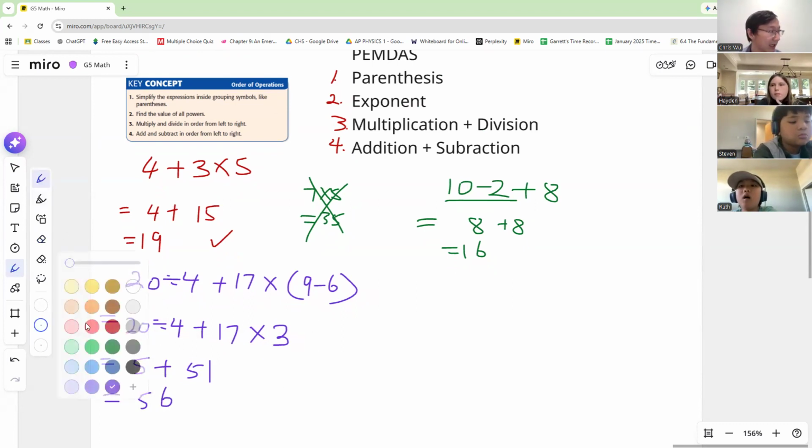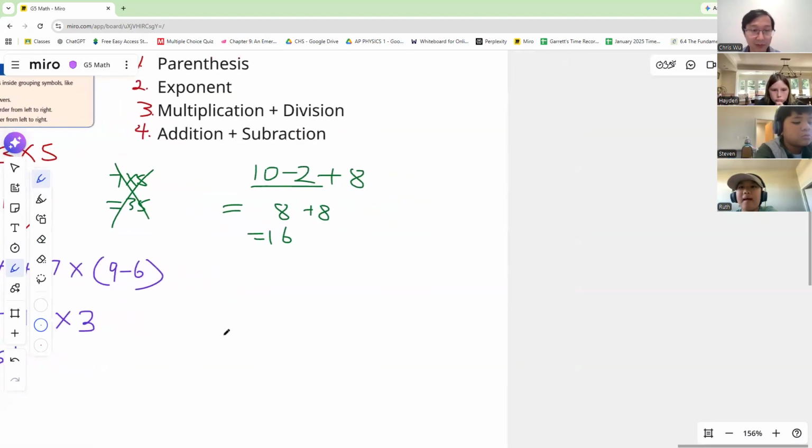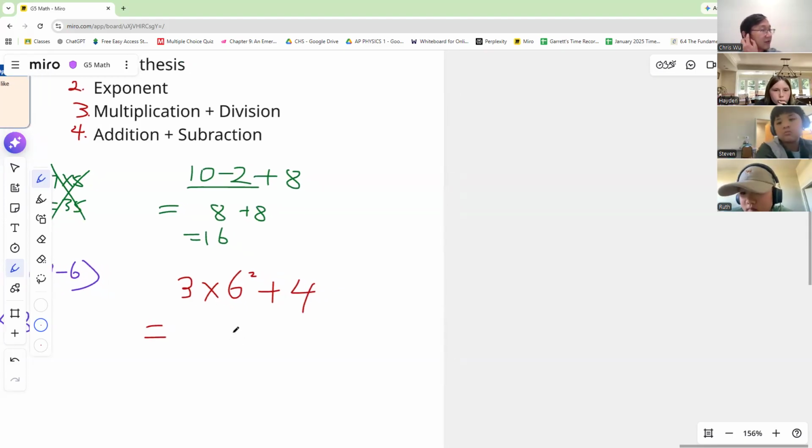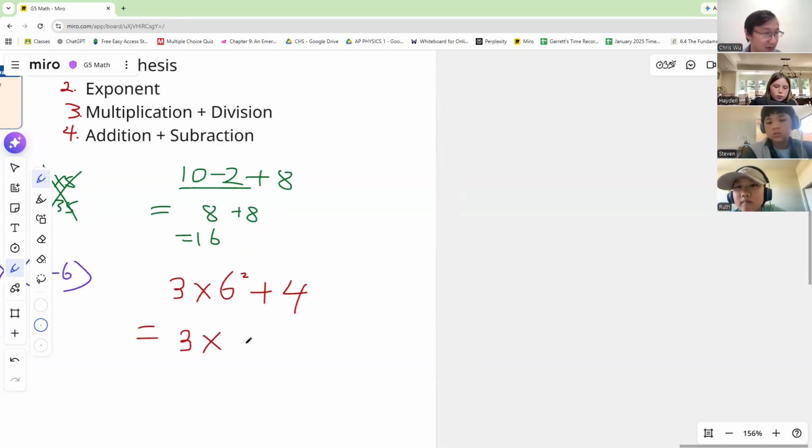All right, the next one, I'm going to ask you guys to help me out. Let's say I have 3 times 6 squared plus 4. Take a look at this. And Stephen, maybe you tell me what's the first operation I need to do. Exponent. Exponent, good. So what does that give me? 36.